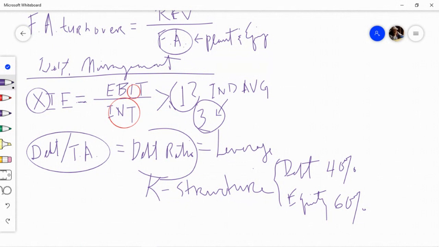And in reality, there are many companies whose times interest earned ratio is not even 1. They are really in big trouble. That means they will default, right? Makes sense. And Evergrande, you heard of Evergrande, right? Earlier this month and even in September, Evergrande was the big talk of the market. Why?